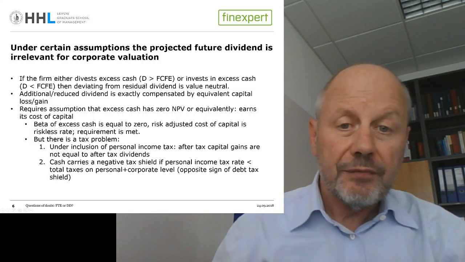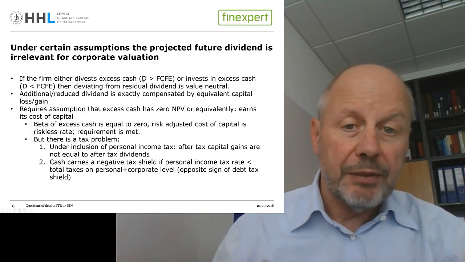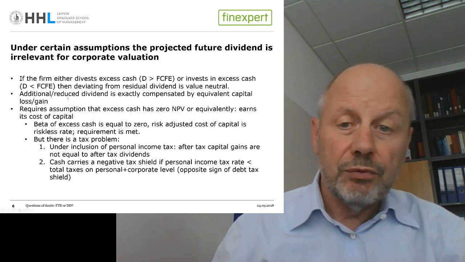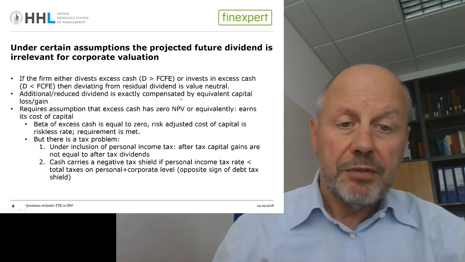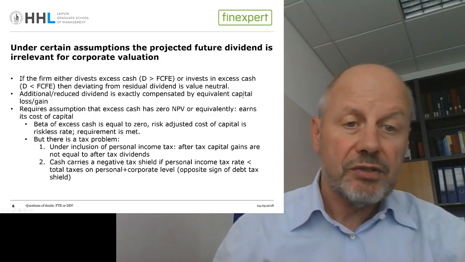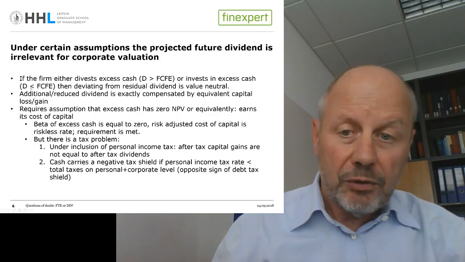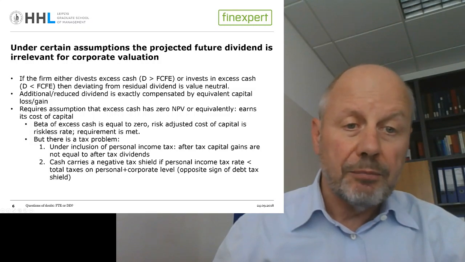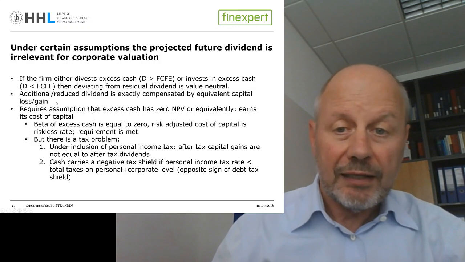And the reason is, if the firm departs from the residual dividend by either paying out more or paying out less, then this is value neutral, because the additional dividend that it gets in this case is compensated by an equivalent loss in value of the firm, or the loss in dividend by paying out a lower dividend than the residual one is exactly compensated by a corresponding capital gain that is exactly the same amount.